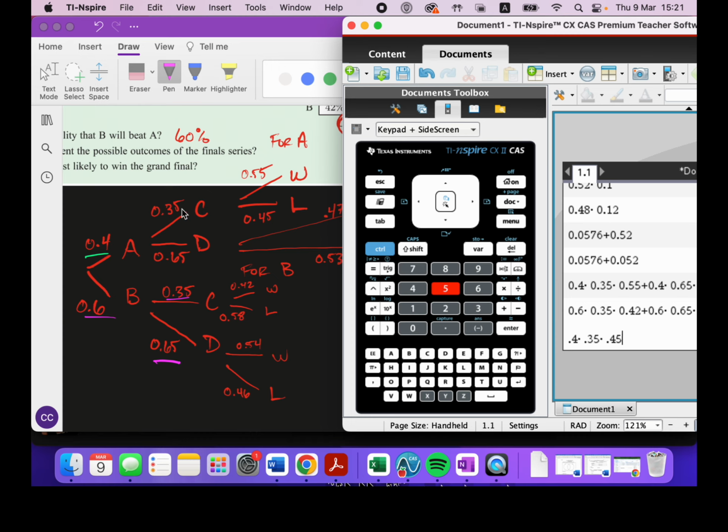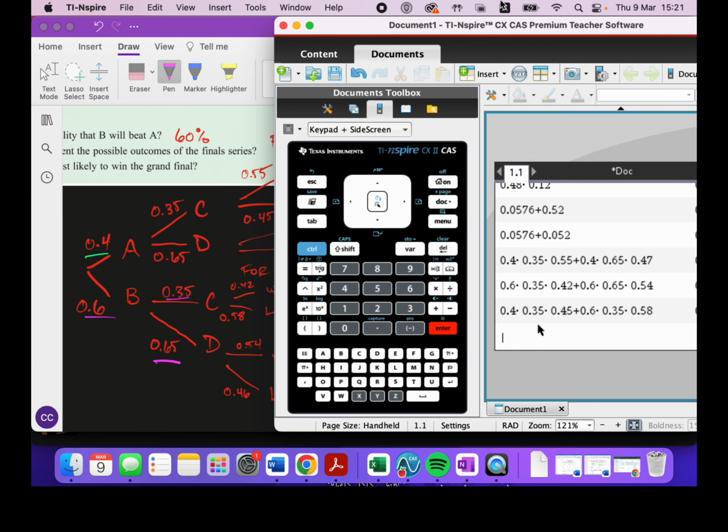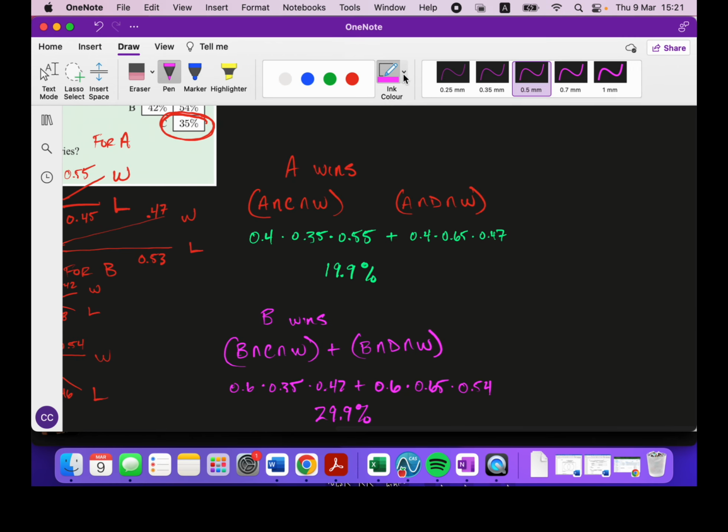A wins, they play against C, and then they lose against C. That's those values. And then the other option is B wins, 0.6, they play C, then B loses, so 0.58. And that's going to give me 18.5% for our C winner.